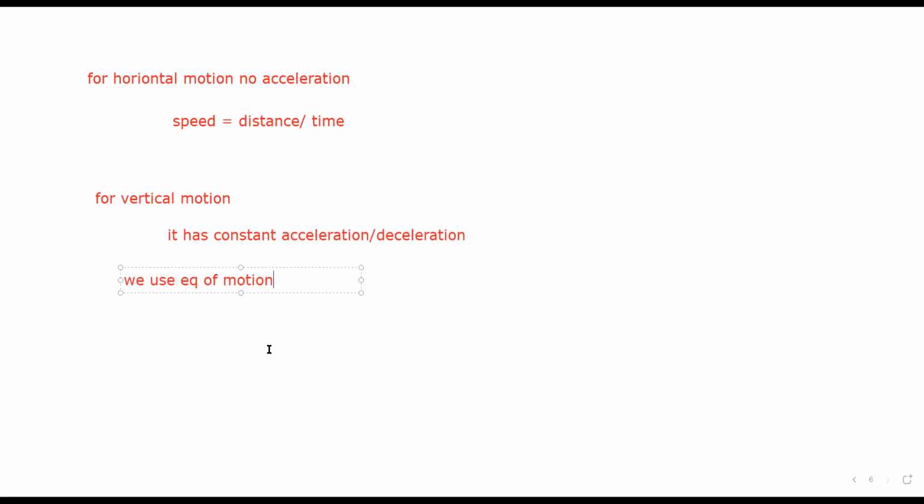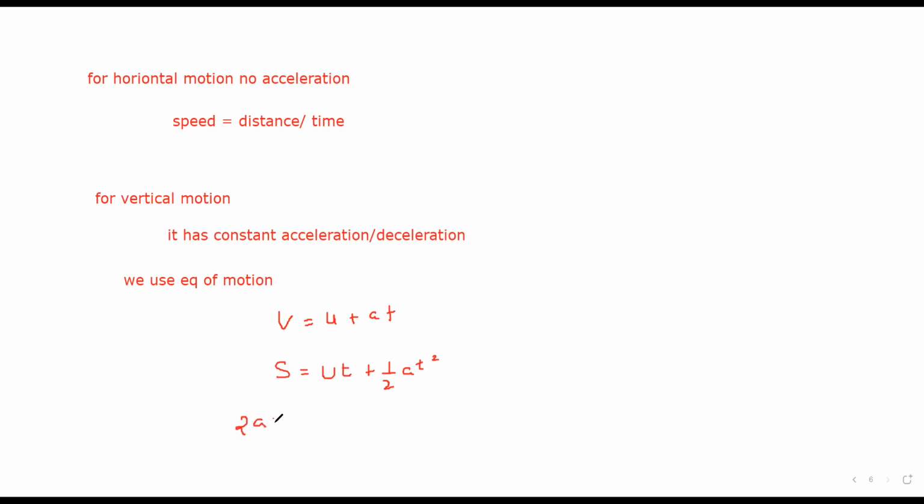And what are the equations of motion? The four equations of motion. We have first v equals u plus at. Then we have s equals ut plus half at squared.